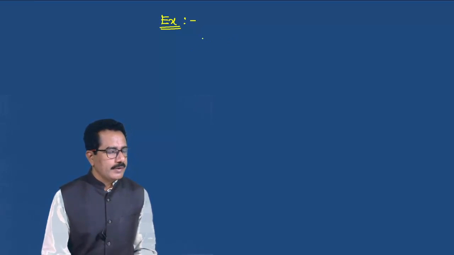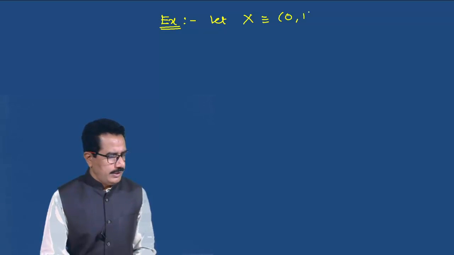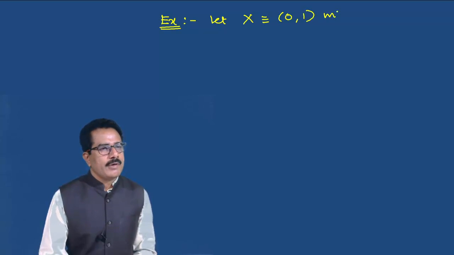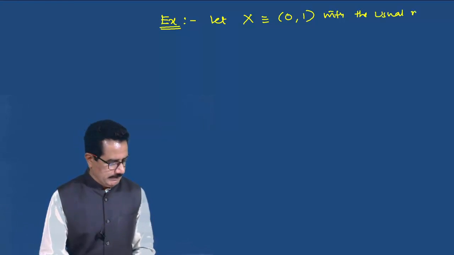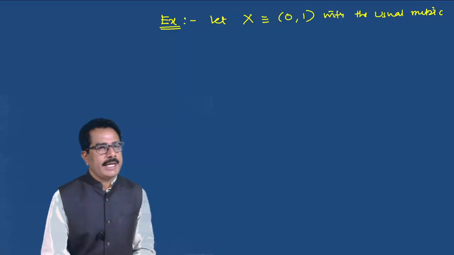Third example, a metric space. Okay. Let capital X be [0, 1] with the usual metric.